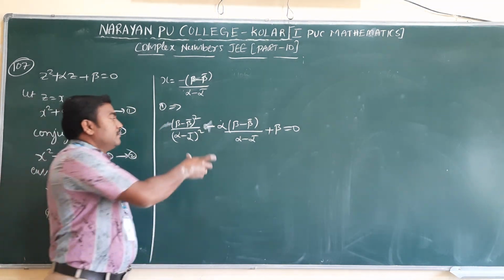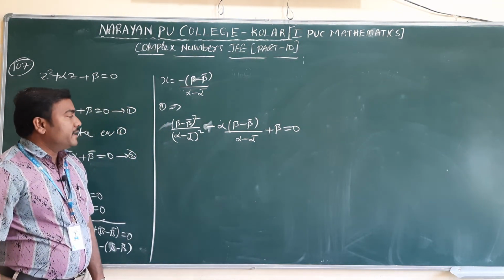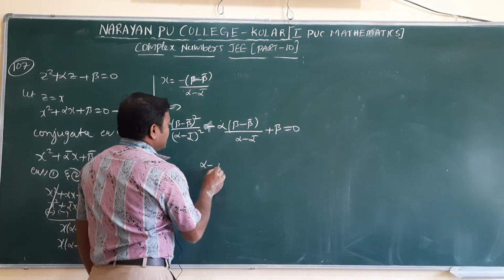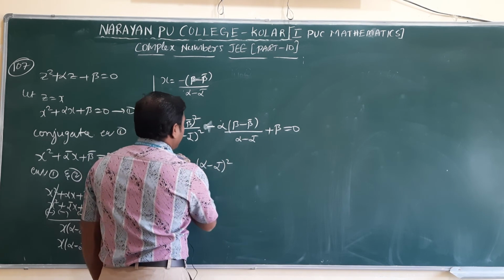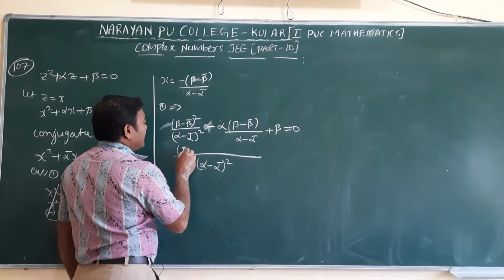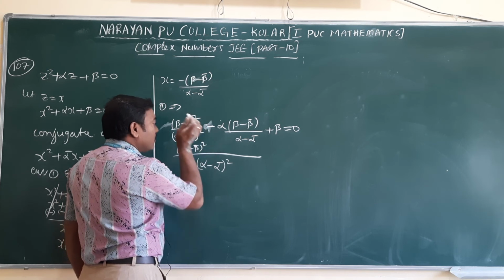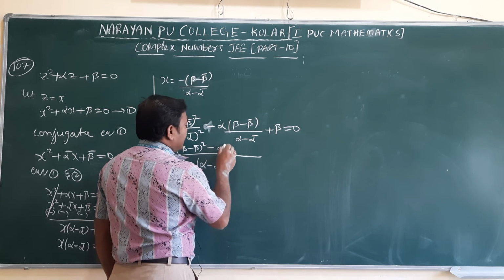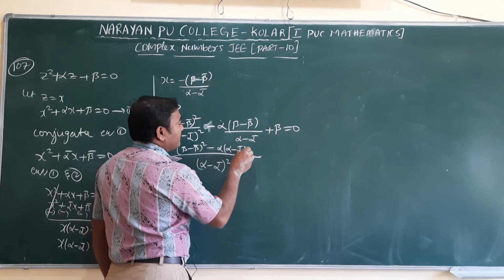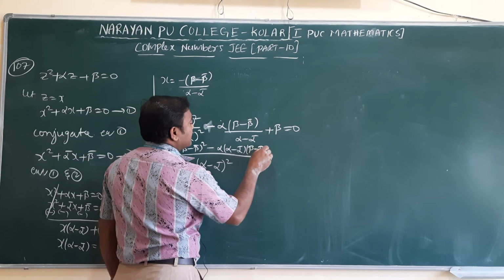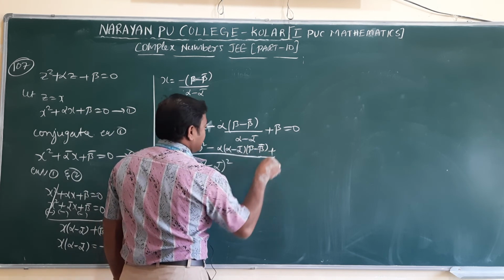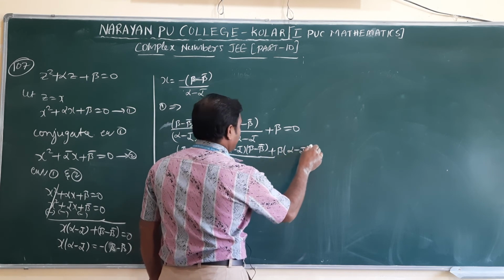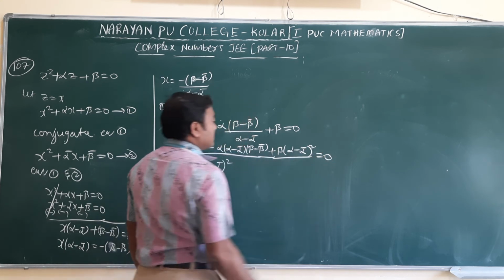Now we have to take the LCM, alpha minus alpha bar whole square. So beta minus beta bar whole square minus alpha into alpha minus alpha bar into beta minus beta bar plus beta into alpha minus alpha bar whole square is equal to 0.